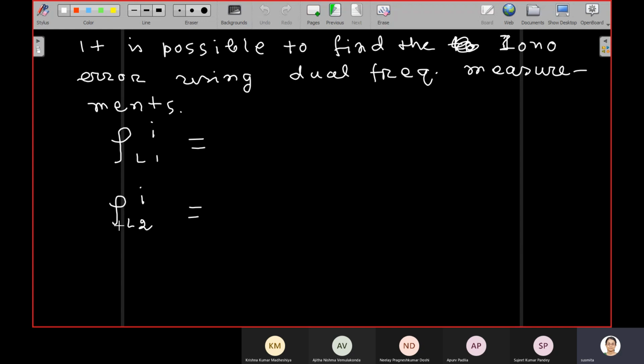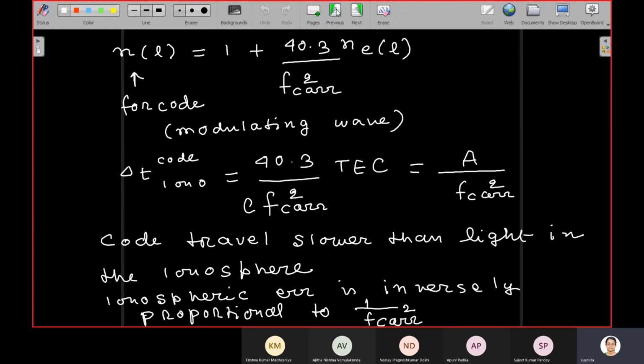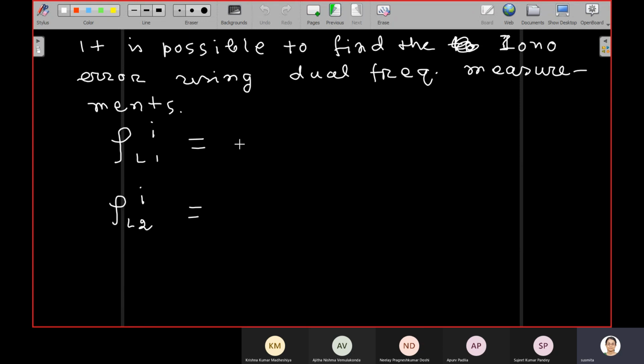For this case, the code modulates the carrier in the L2 band. That's why I put L1 and L2. So the f carrier in the denominator will be different for the ionospheric error because the carrier frequency is different. Now we want to write the expression here. We know that we have the true range.